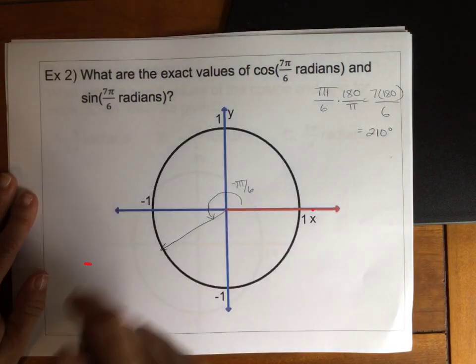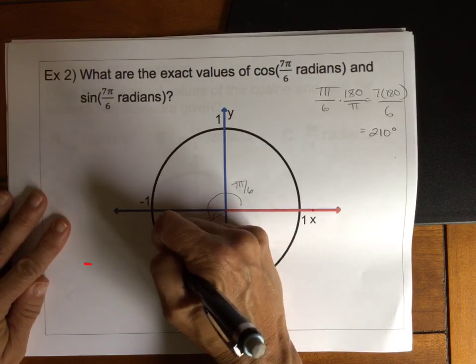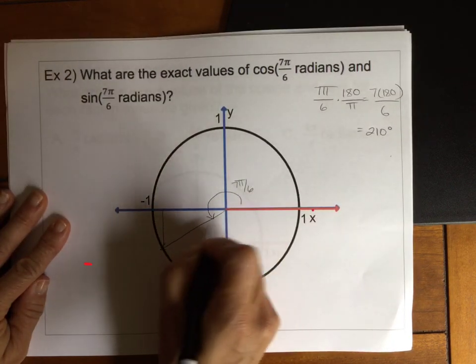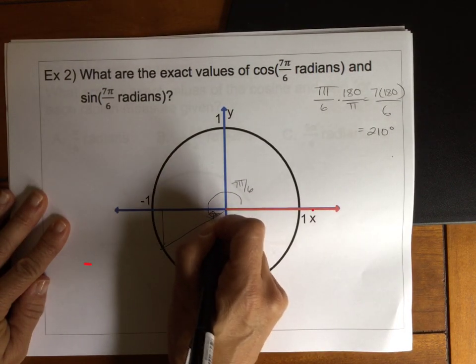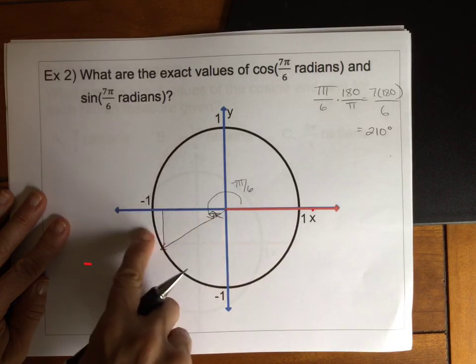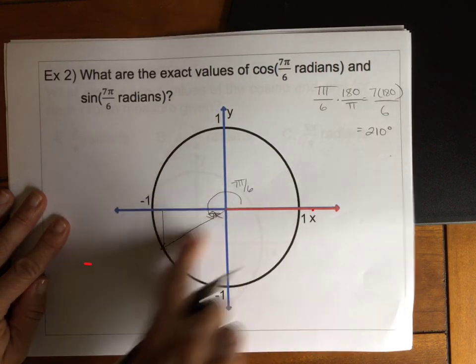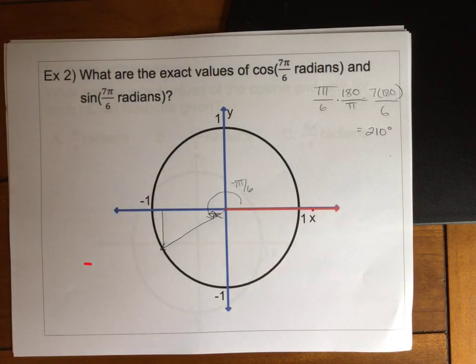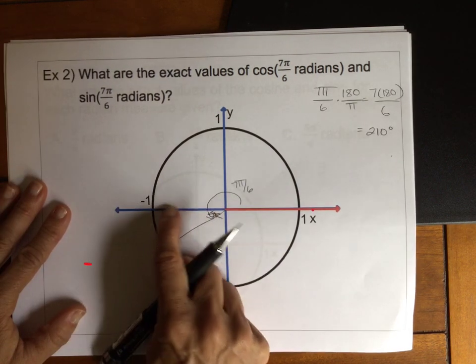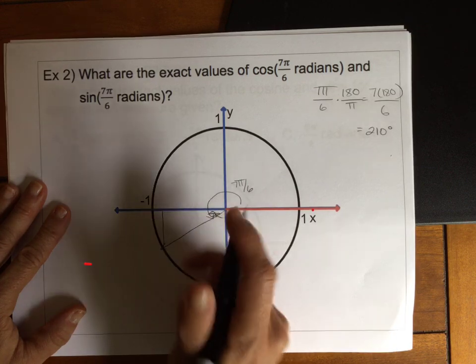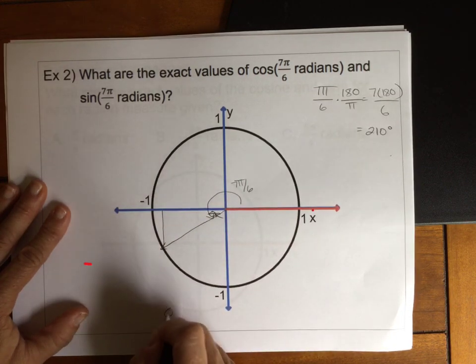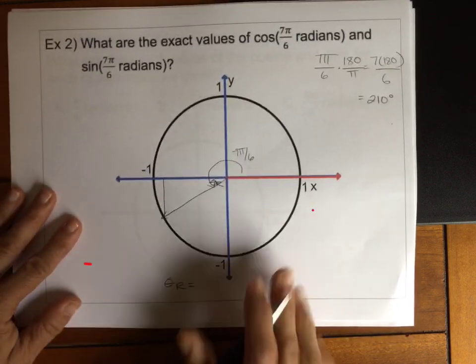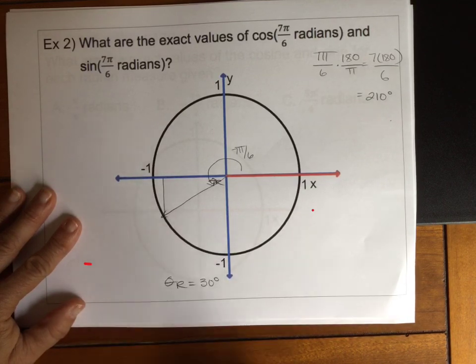My angle here is 210, but my reference angle is this little angle here. This is my reference angle that is between the nearest x-axis and my terminal side. And I want to draw my triangle because I'm going to use my knowledge of special right triangles to fill this in. So we know if this is 180, then 210 is 30 degrees past. So you can say your reference angle here is 30 degrees.